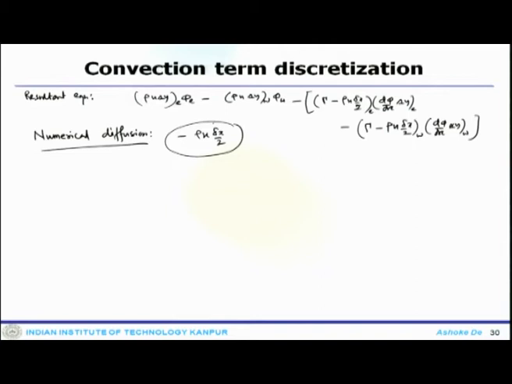Its effect is like an anti-diffusion. In the downwind scheme this is termed anti-diffusion because the error comes with a negative sign.